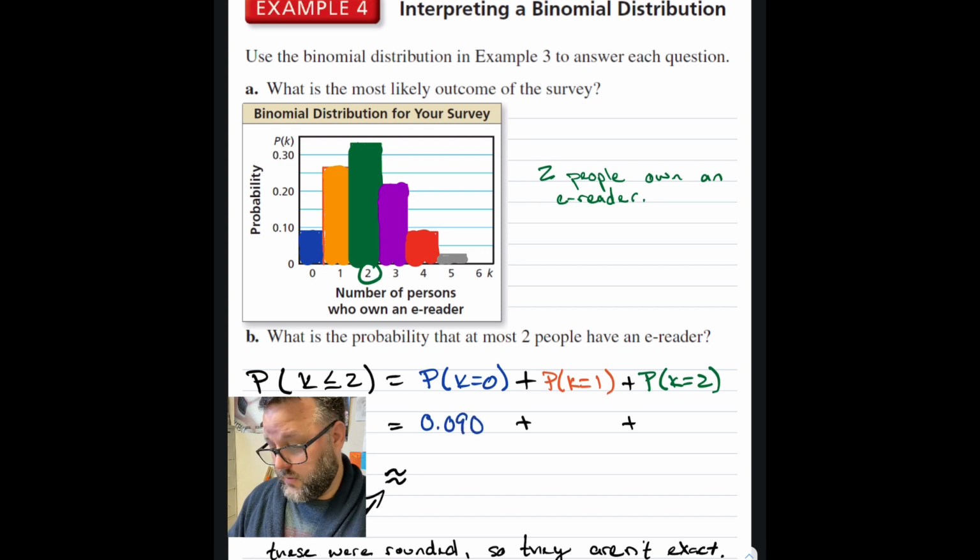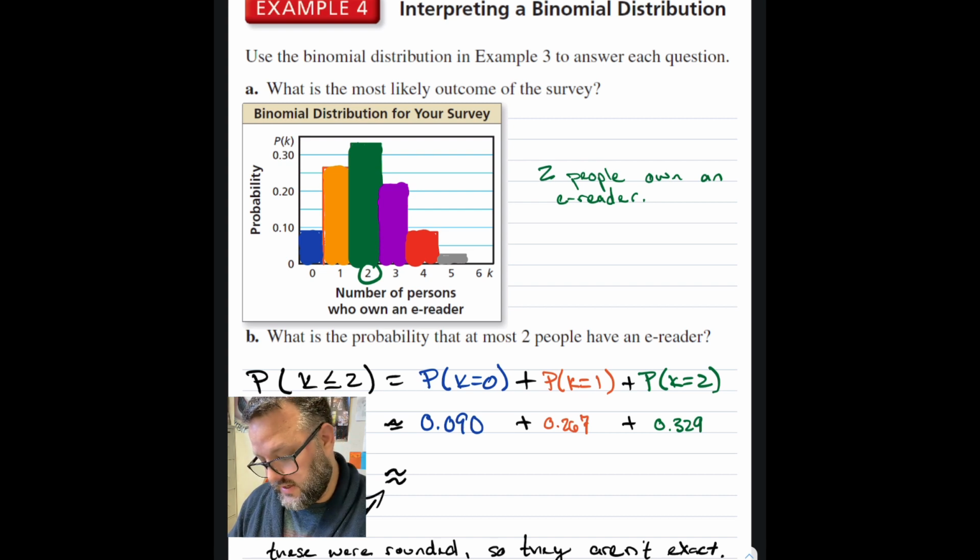The probability that 1 owned it was 0.267. And the probability that 2 people owned an e-reader that were 16 and older is 0.329. When I add all of those up, I get about.